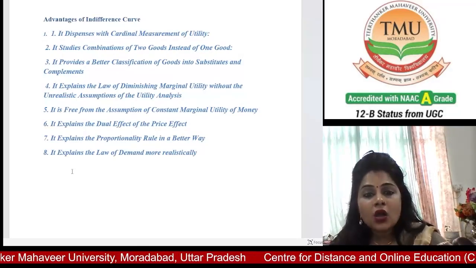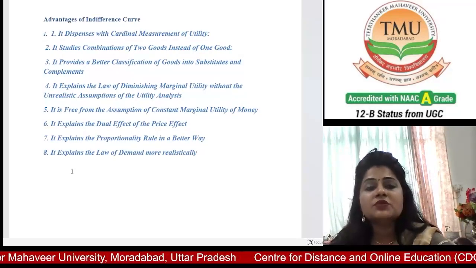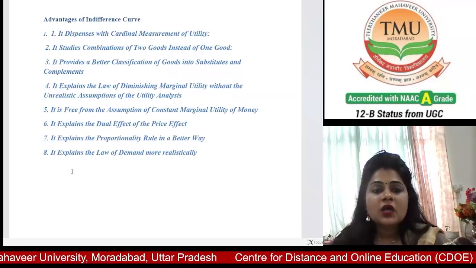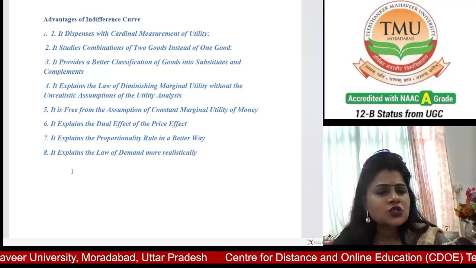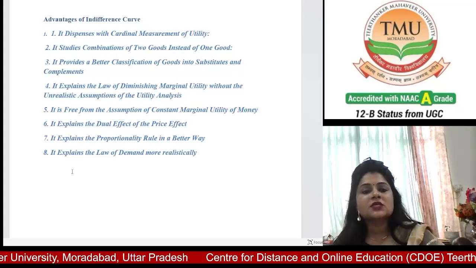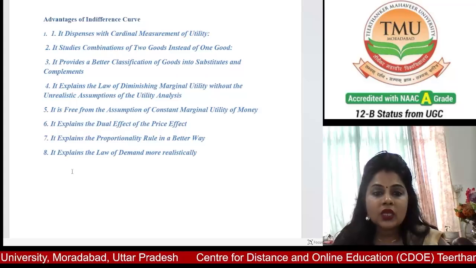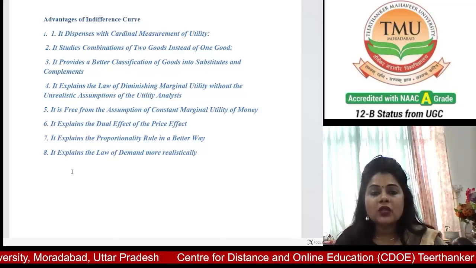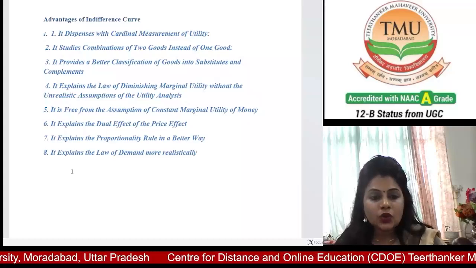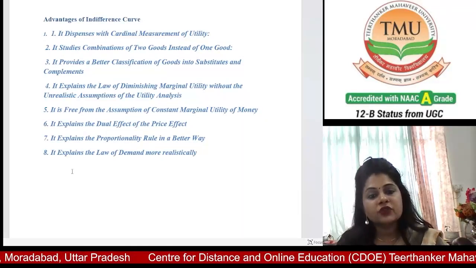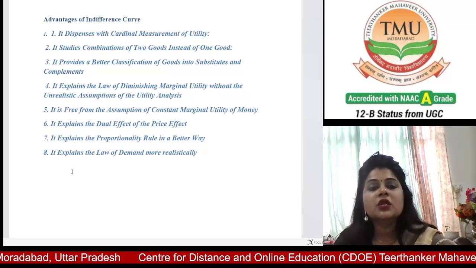Secondly, with the fall in price, the good becomes cheaper. The indifference curve technique is definitely superior to the utility analysis because it discusses the income effect when the consumer's income changes, and the price effect when the price of a particular good changes, and it is a dual effect in the form of the income and substitution effect.